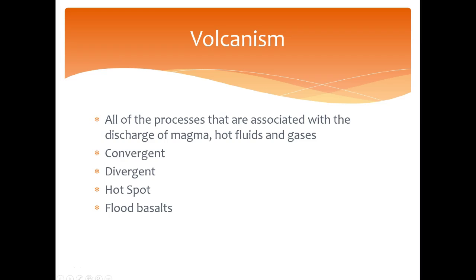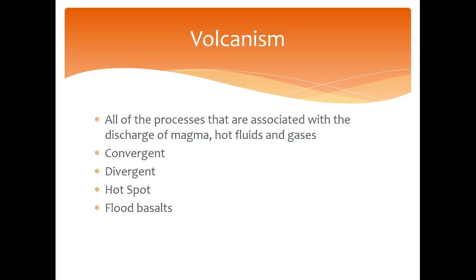So volcanism is all the processes that are associated with the discharge of magma, hot fluids, and gases. Now when we say hot fluids, we mean magma itself, hot water, anything that can be considered a fluid. Gases, you can get carbon dioxide, you can get methane, you can get a whole bunch of stuff.